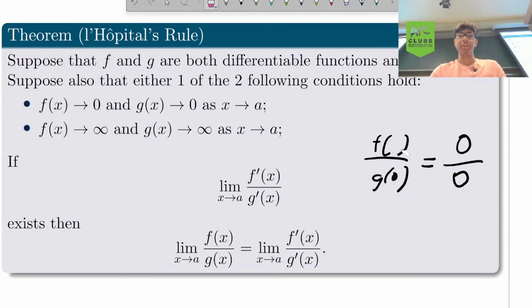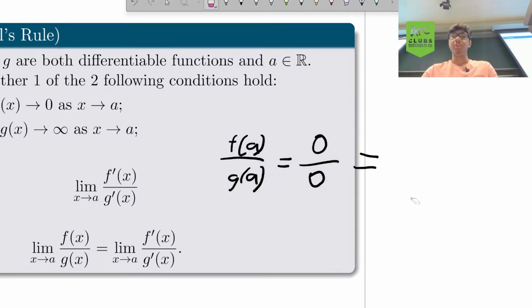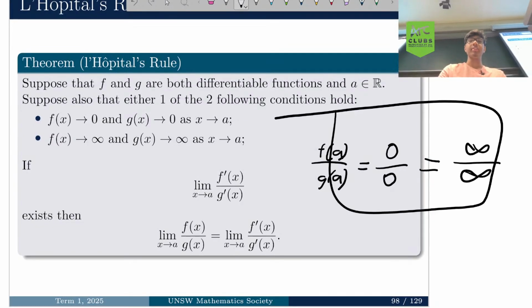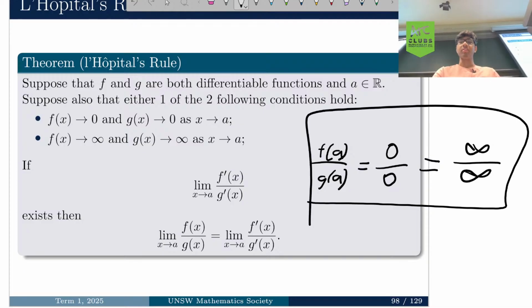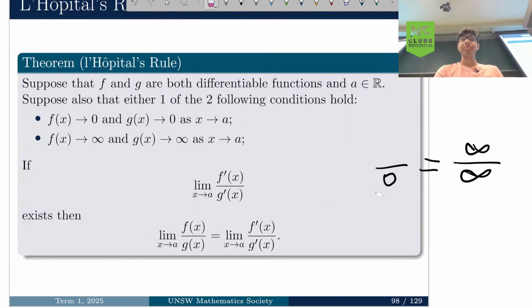It doesn't actually have to be 0, it could be f of a. Or if this goes to infinity on infinity, then this is what we consider an indeterminate form. We have no idea where this limit goes from my original question. This is when L'Hopital's rule works.